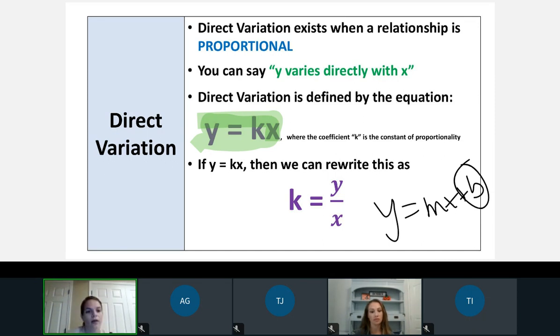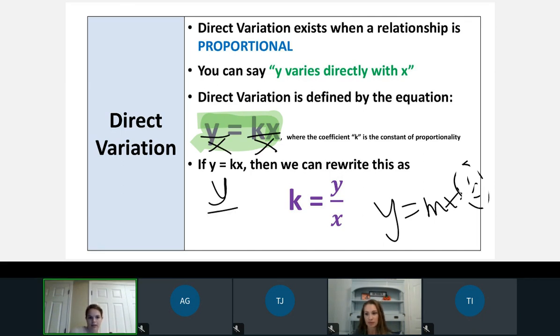Another thing we need to be able to recognize is we're going to have to find what's our constant rate. The way that we will do that is we're going to solve for K. So if you look at your equation right here, y equals K times X. If I want to solve for K, I have to undo the multiplication by X. So to undo that, I would just divide by X on both sides.